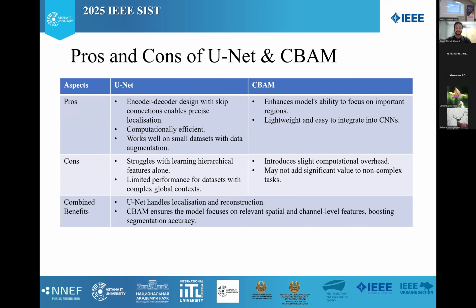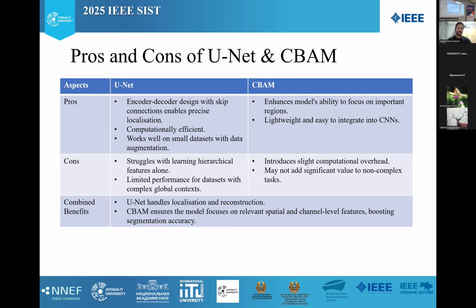And pros and cons about UNet and CBAM, which we used here. For UNet, the pros, we can say, are the encoder-decoder design with skip connections, it is computationally efficient, and works well on small datasets with data augmentation. And CBAM enhances the model's adaptability to focus, and can be integrated into any kind of CNN.